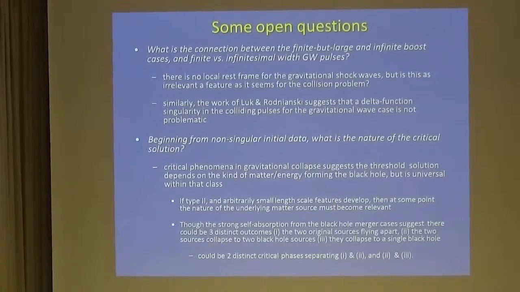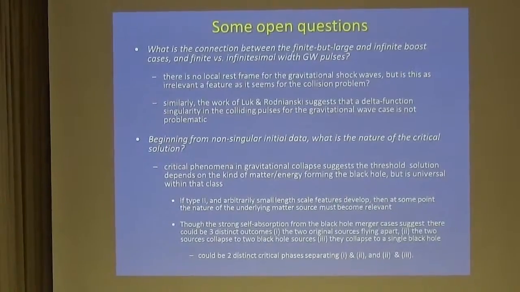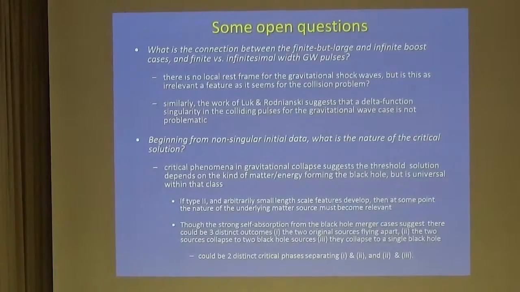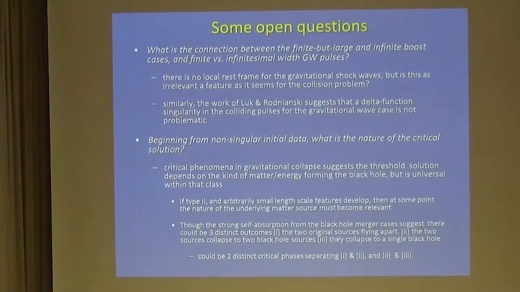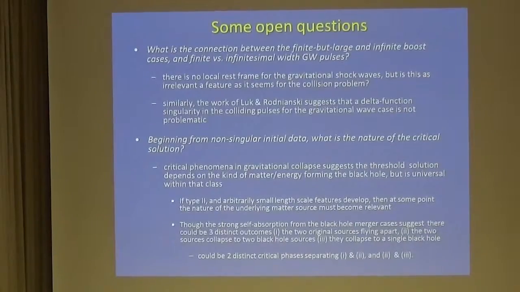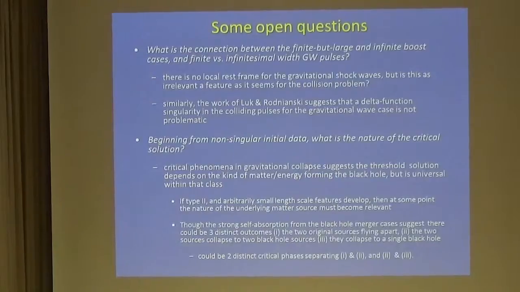There are no black holes, they deflect, and there are no black holes in the final state. If you look at the head-on collision case, it's going to be a single black hole that forms. And now with one of these grazing cases where there's a tremendous amount of focusing energy, you might form two black holes. So this would be a situation where there's 0, 1, or 2 black holes as the outcome. There could be very interesting behavior at the respective thresholds.